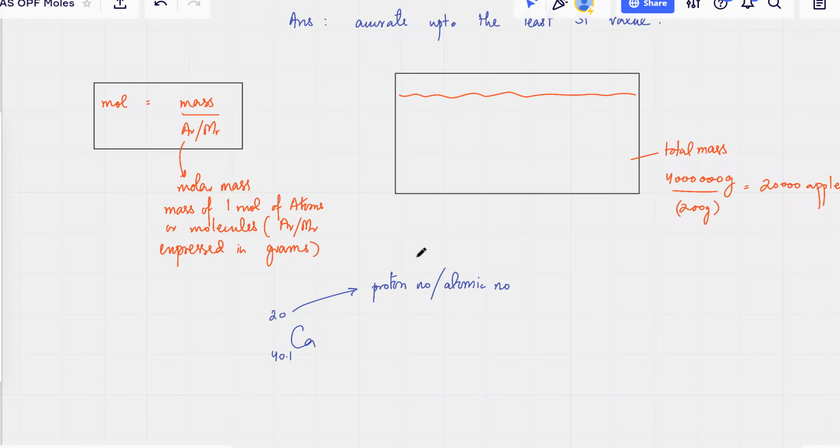That's it. So it's always going to be a whole number. If somebody asks you for the proton number, it's always going to be a whole number, because proton numbers can't be in decimals. Like you have 2 protons, 3 protons, 4 protons. It can't be in decimals.